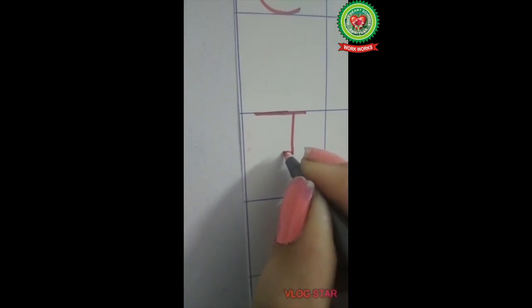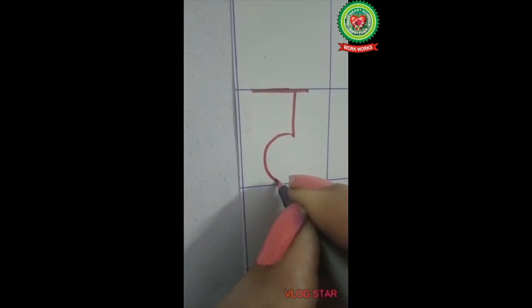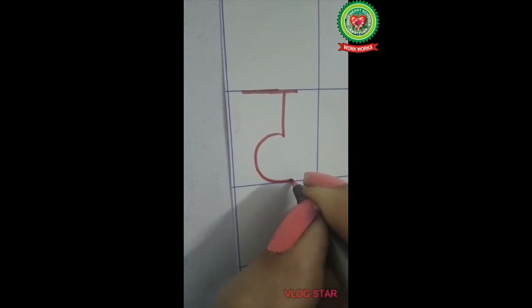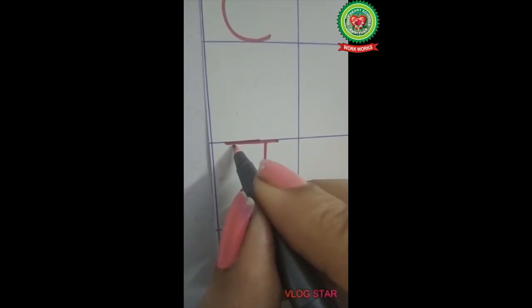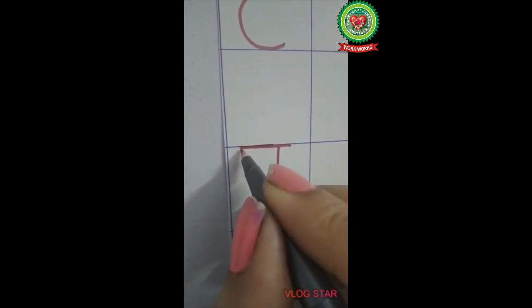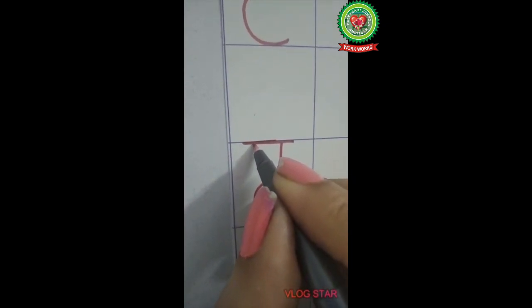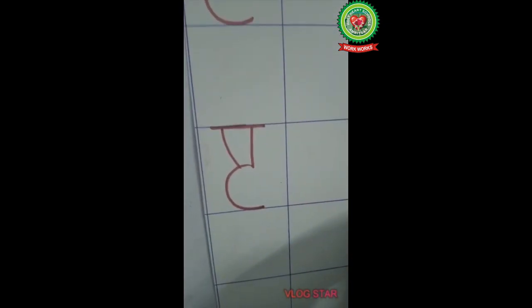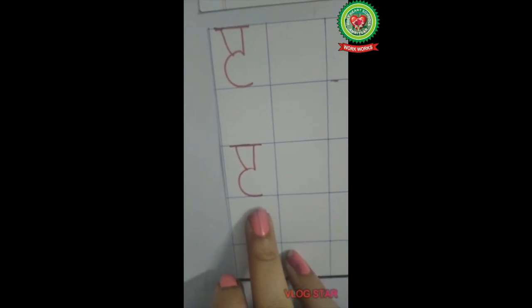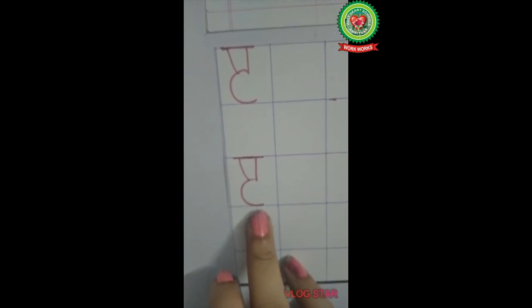Now draw a semicircle or curve like this and leave some gap here. Start from there and draw a line like this. This is ED. Now revise the rules.